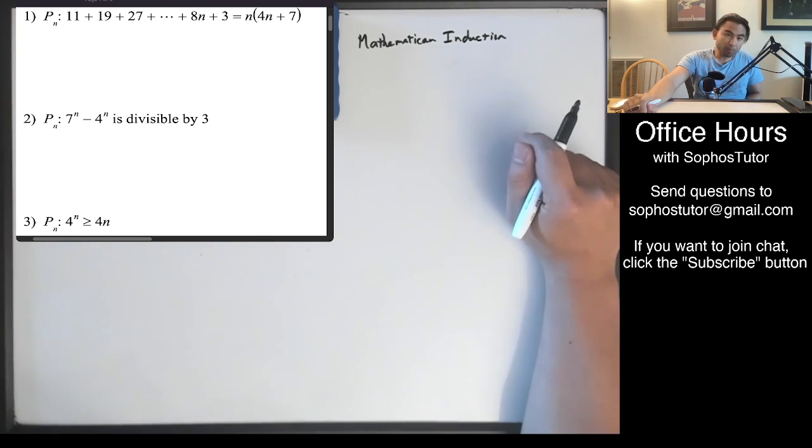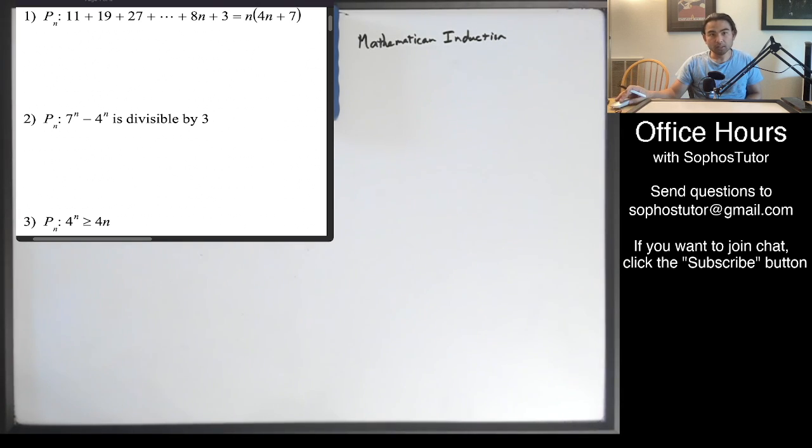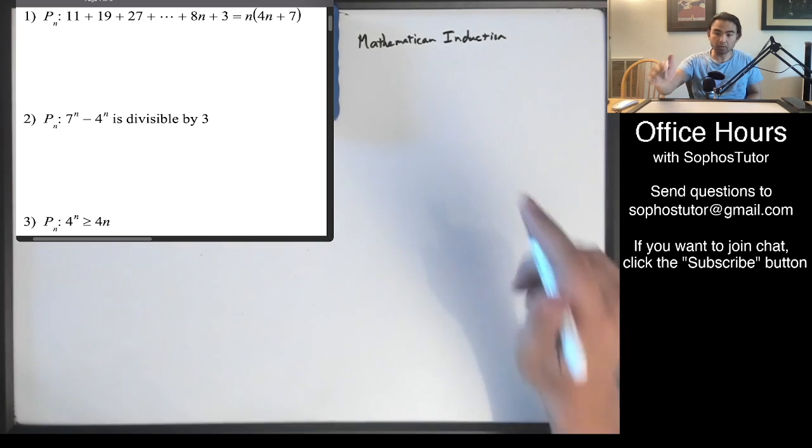And so in order to prove that a mathematical statement is true, for example, this first problem is asking whether the sum of these values of n, that is this pattern of n terms, equals n times 4n plus 7. We need to prove two aspects about this statement.